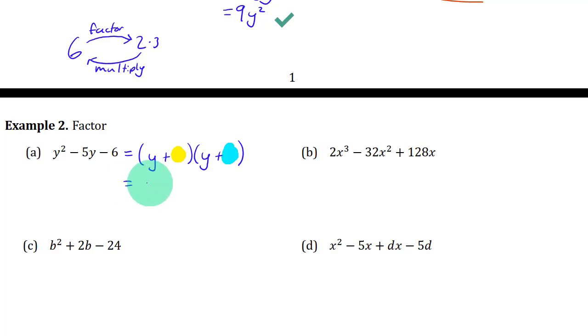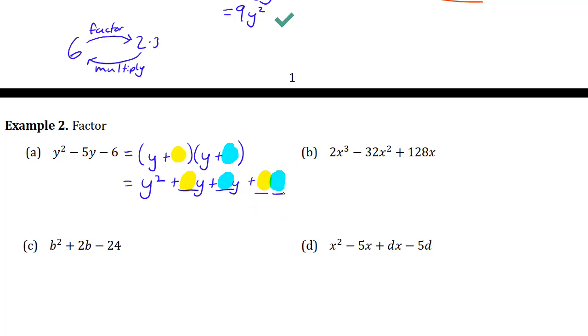We're going to get y squared from doing the y times y. We're going to get a plus yellow thing times y, whatever that is, plus blue thing times y, whatever that is. It's the outer term. And then plus whatever yellow thing multiplied by blue thing is.